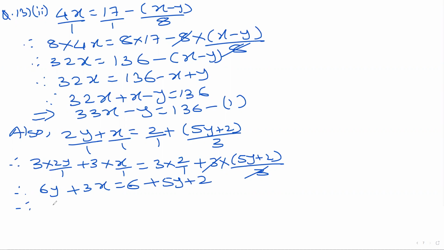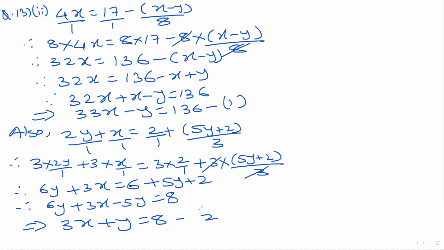If you rearrange the terms, you get 6y plus 3x minus 5y is equal to 8. First we have to write the x term, which is 3x plus y is equal to 8. This is equation 2. Now solving is very easy. Why?